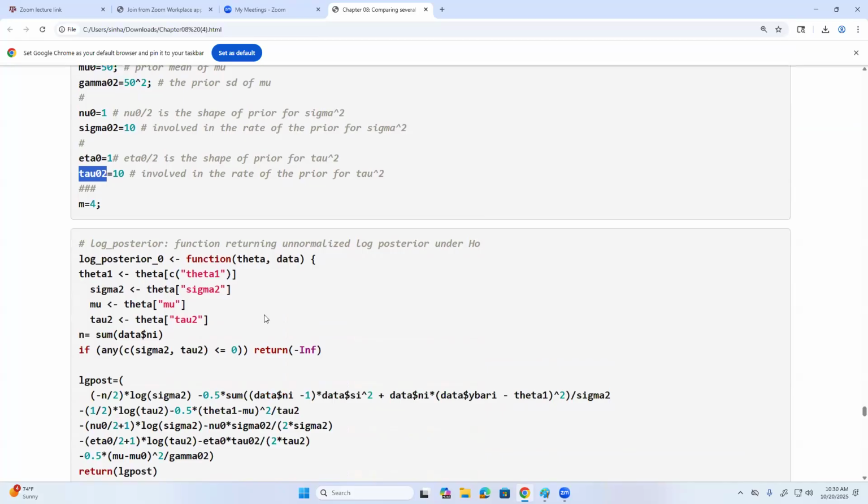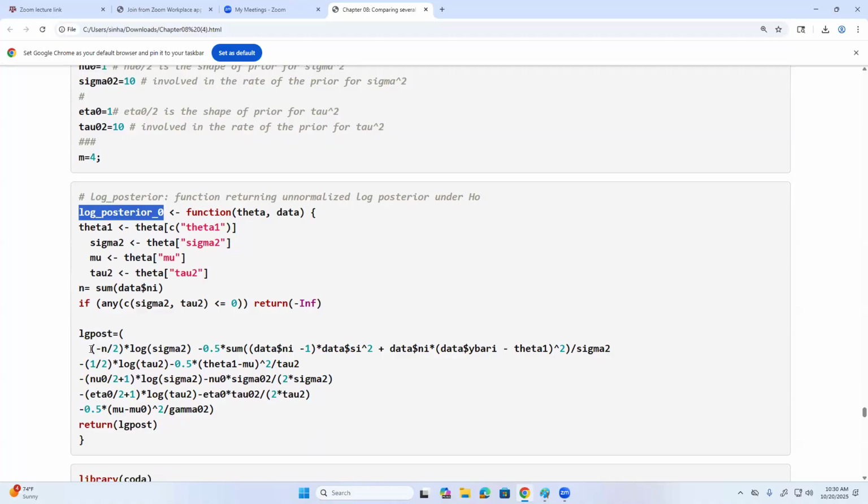For the calculation of the marginal likelihood through the bridge sampling method, you need to provide the log of the posterior function. So the log of the posterior is calculated as follows. Log posterior means minus n over 2 log of sigma square, then sample size minus 1 times sample variance, and then sample size times y bar minus theta 1, where theta 1 is the mean parameter, squared, over sigma square.